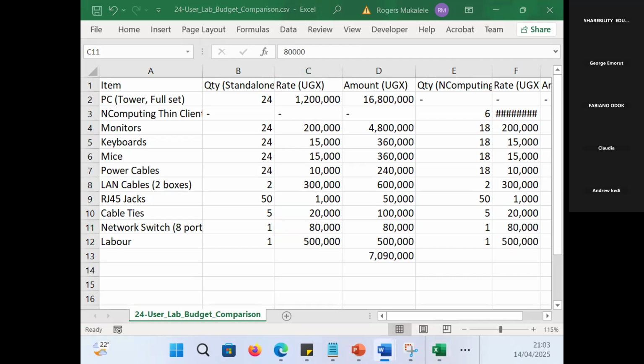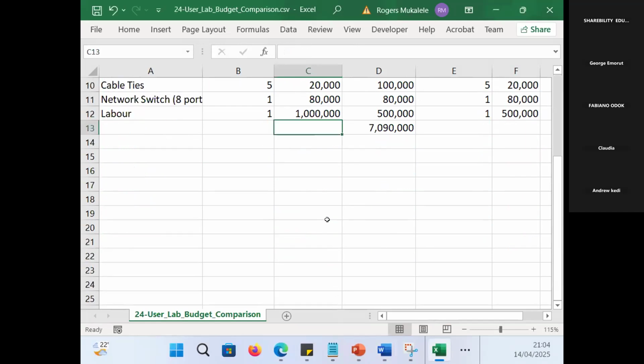Okay, so the labor, let me not put 500. Let me first make it 1 million in 2025, so that it caters for even NMS linears. So with this kind of setup, this is what was there.